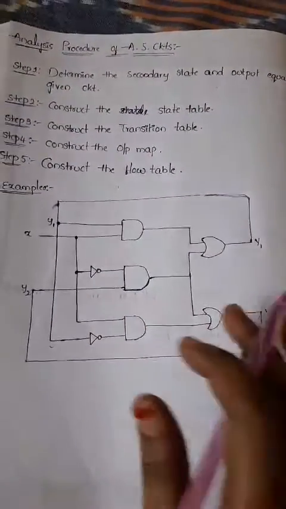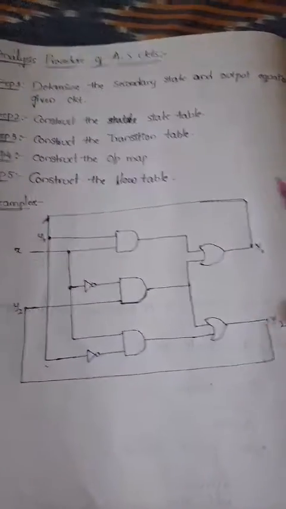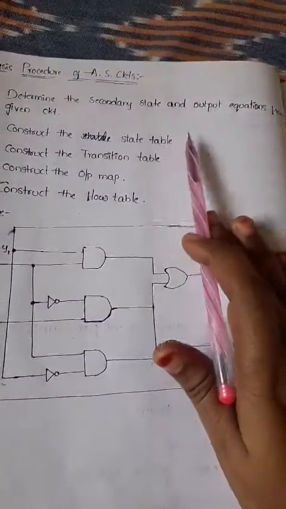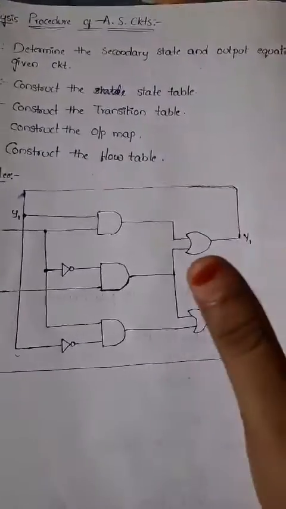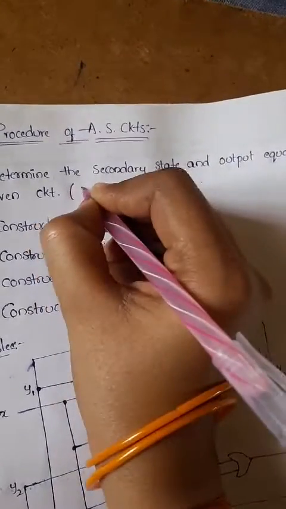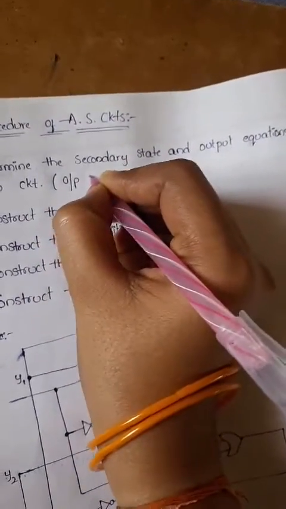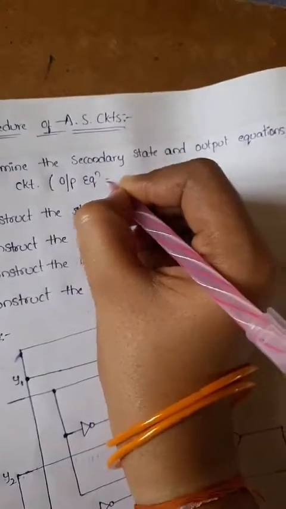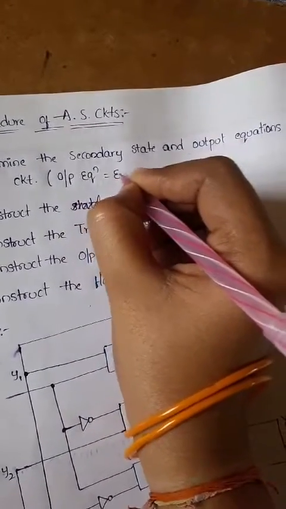So what is the first step? Determine the secondary state and output equations from the given circuit. Simply we can write it here: the first step is the output equations, which are equal to the boolean equations.